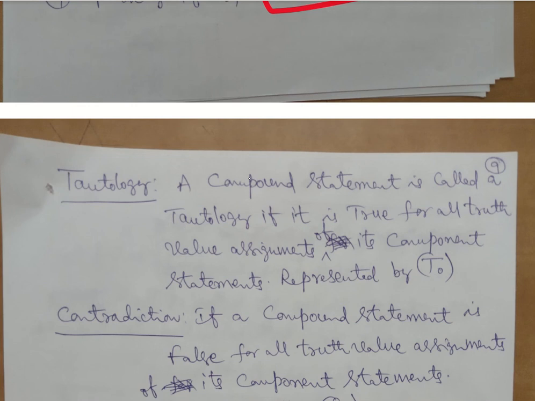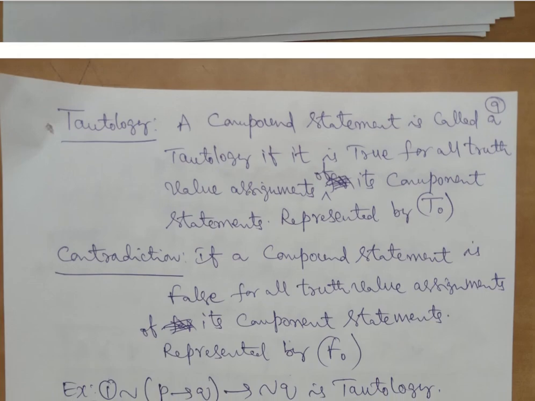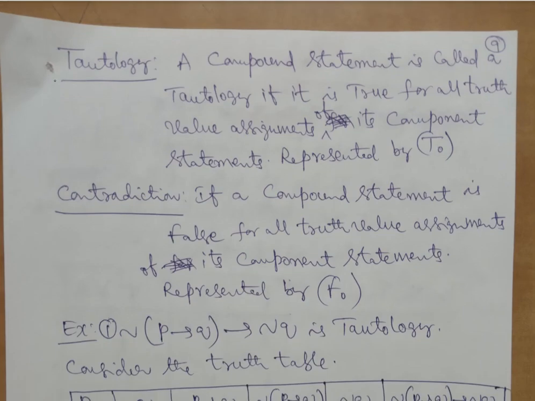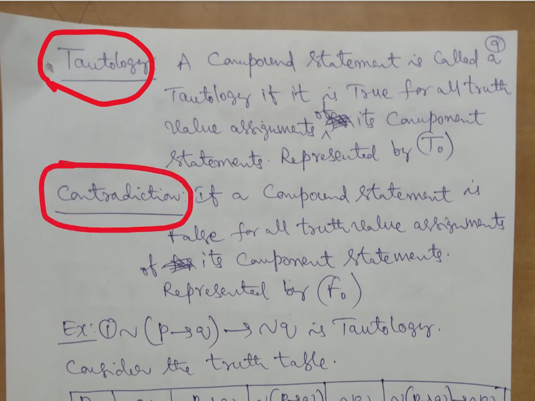So with this basic knowledge on connectives, let us go to two important concepts of this fundamental of logic, which are tautology and contradiction. As the name says, in a compound statement, if all the values of each combination are true, then we say the compound statement is called a tautology.